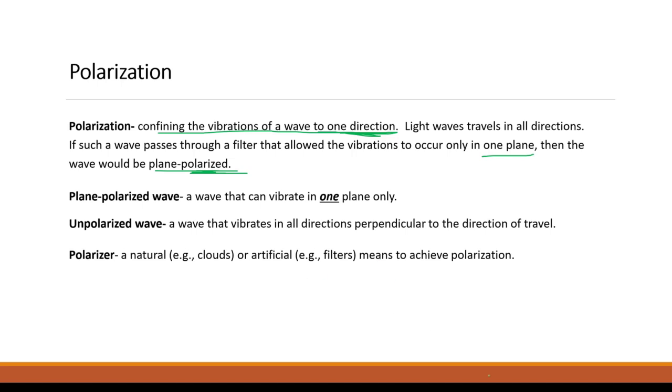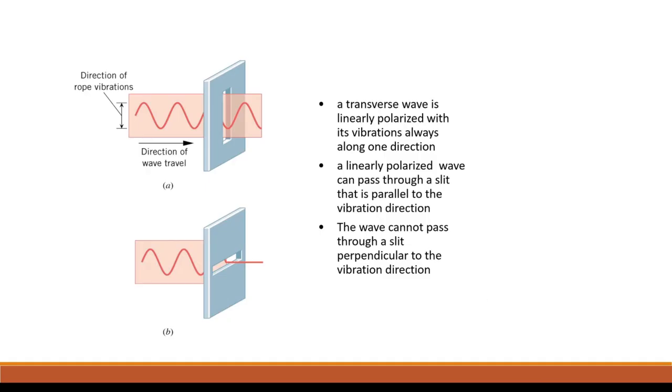A polarizer is something that can be either natural, like clouds, or artificial, like filters and experiments, in a way to achieve polarization. So transverse waves are always linearly polarized with their vibrations always along one direction, just by nature of transverse waves.